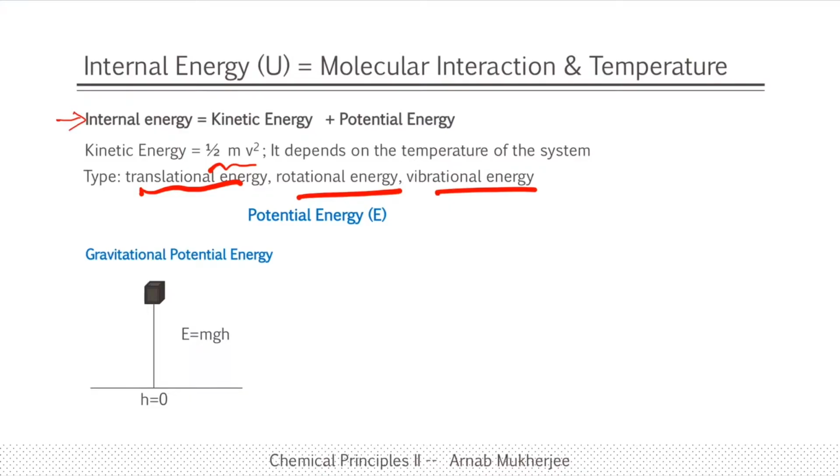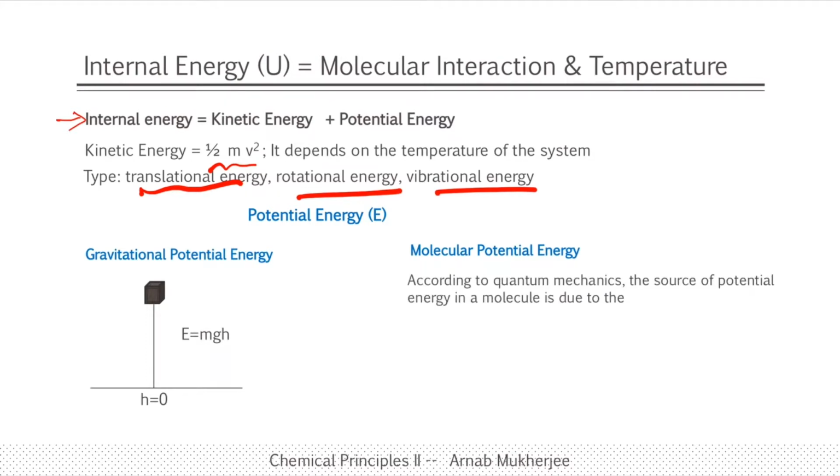So, that was the energy stored in that chalk as gravitational potential energy, but there is more to it. There is molecular potential energy, and molecular potential energy is the constituent of the chalk itself. Irrespective of what the height is, let us say the chalk is lying on the ground, or resting on the hand, it has a certain potential energy, and that we can call molecular potential energy.